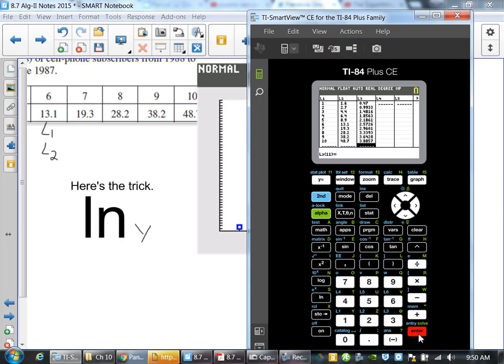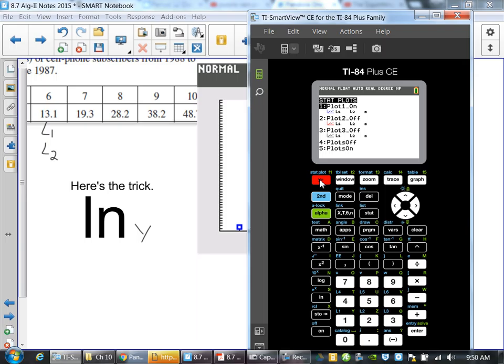Now what? Well, we're going to go back and plot a second graph. Go to second stat plot, plot 2, and turn it on. But now we need to change our list.